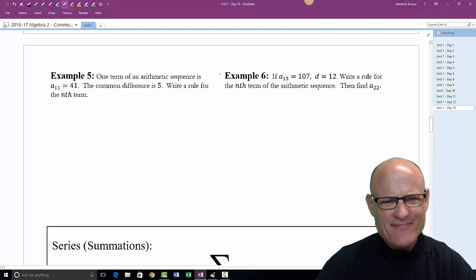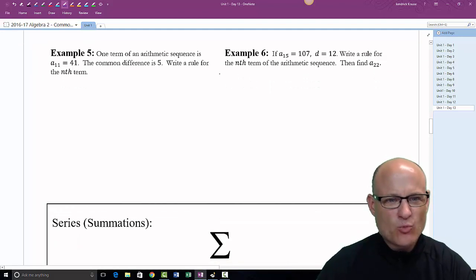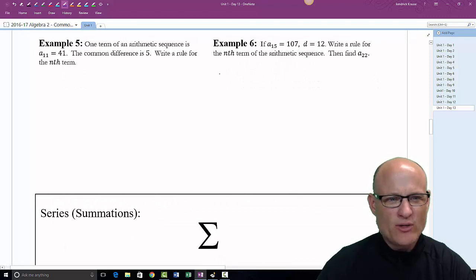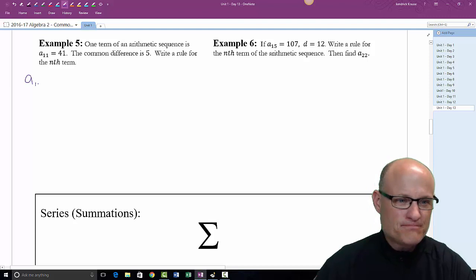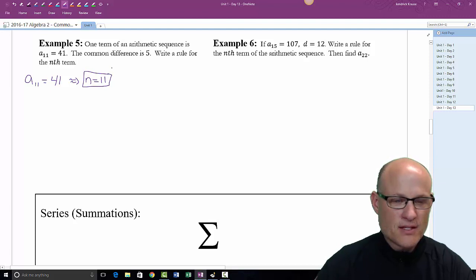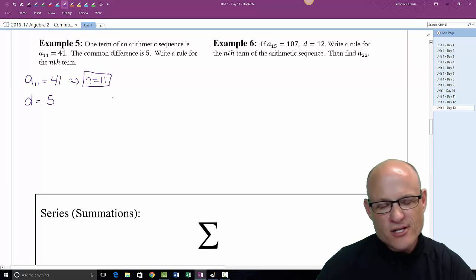So now we've got a little bit of a different kind of problem. It says one term of an arithmetic sequence is a sub 11 is equal to 41. Well, this information tells us that n equals 11. We also know that the common difference is 5.